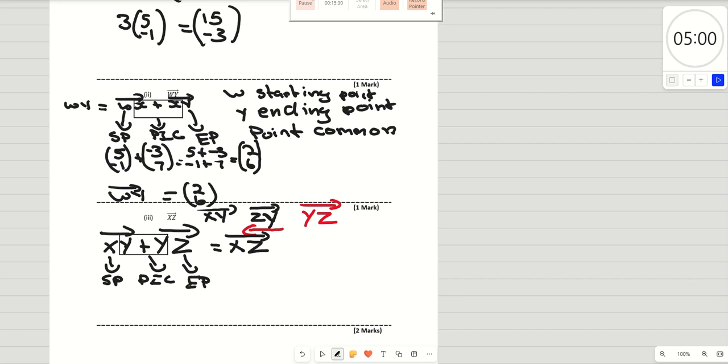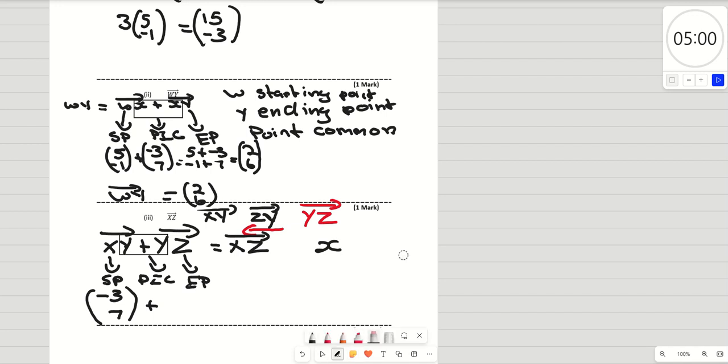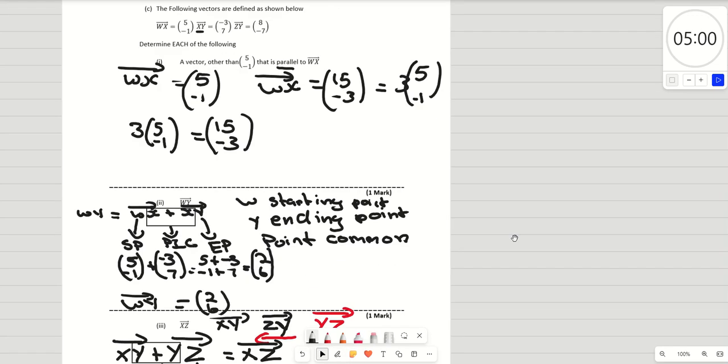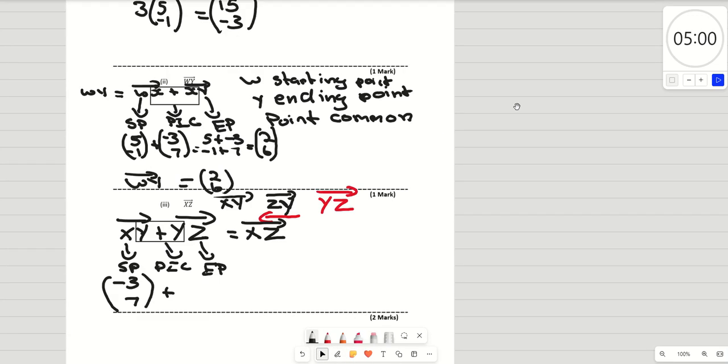Right? So now that you know that, what is xy? Xy is minus 3, 7. So we have xy is minus 3, 7, plus, we want the opposite of zy. If we're going in the opposite direction, what we do is take zy. What is zy? Zy is 8, minus 7.